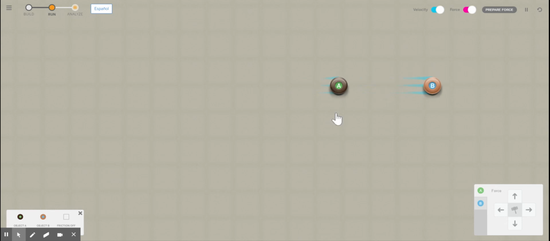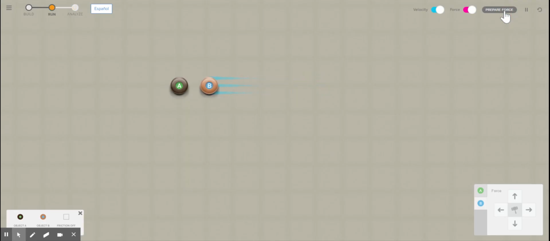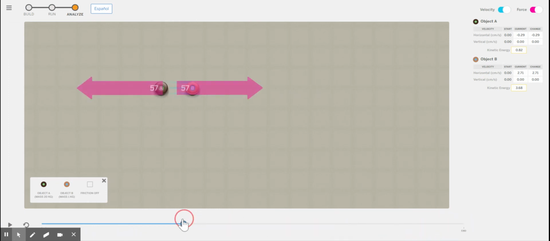And that seems to have a much bigger difference than if the lighter mass was doing the collision. So it seems like mass still has a big impact with these collision forces.